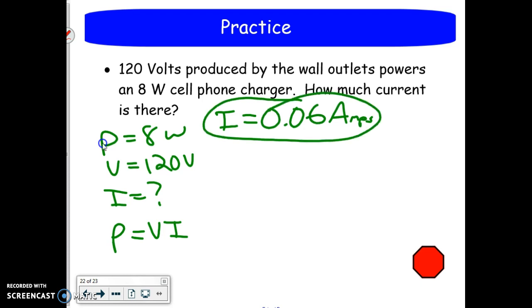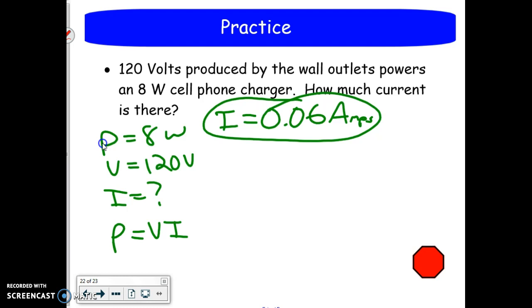Now, how does this actually relate to us in school? Well, most typical bedrooms that you guys have in your house, they can have up to 12 to 15 amps, depending on your house, of current in any given time.